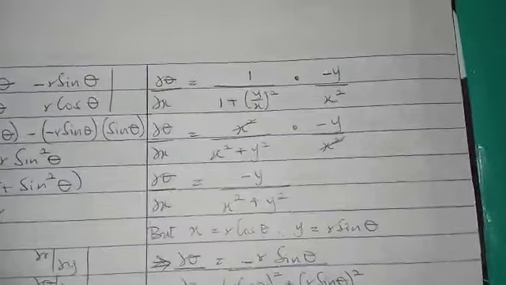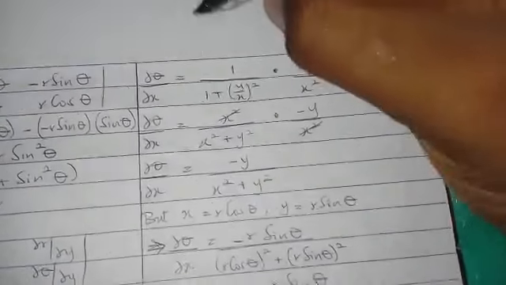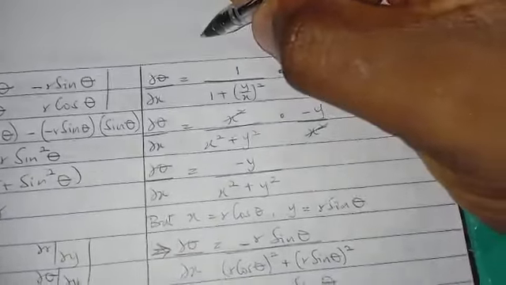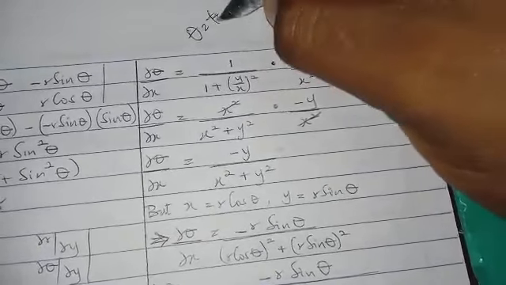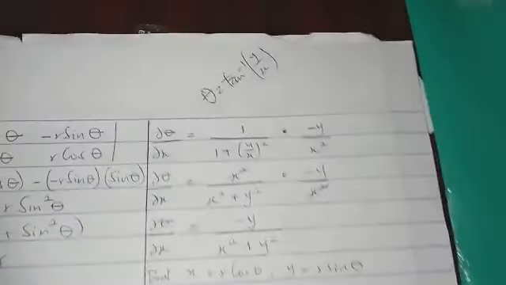Now for theta equals tan inverse of y over x, differentiating partially with respect to x gives, let's come over to this side of the book. Partial theta over partial x is equal to, we are differentiating theta equals tan inverse of y over x. That's what we are differentiating.